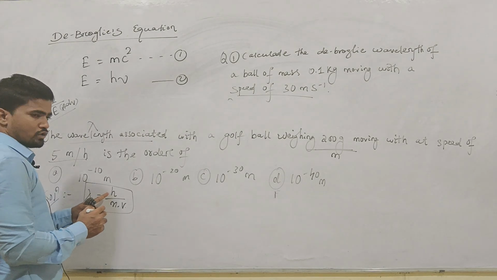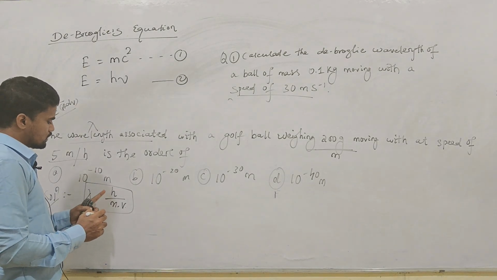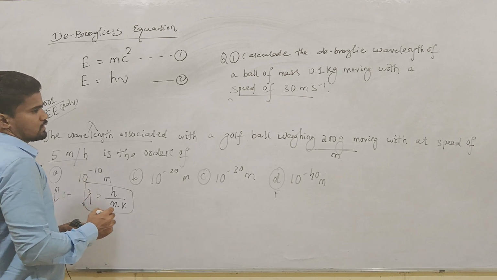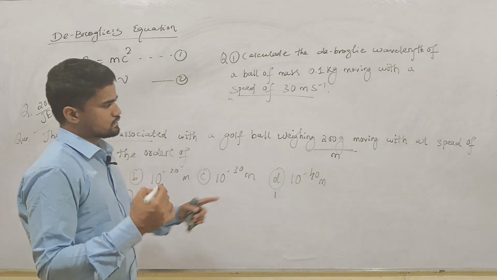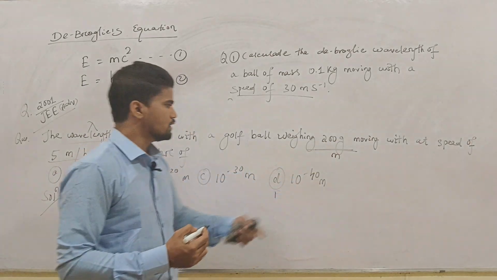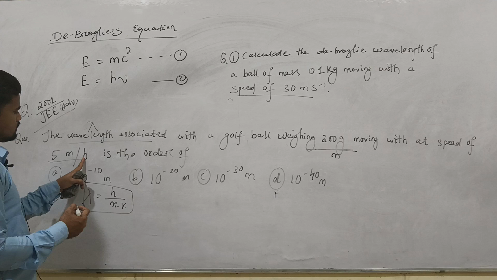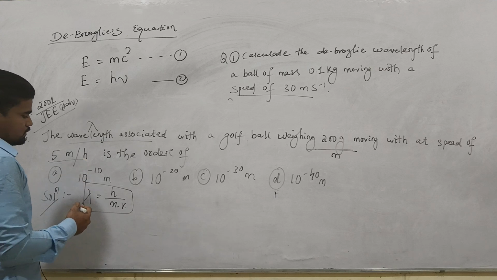So h, we know, is 6.6 into 10 to the minus 34. What is the mass? 200 gram. Since it is given in gram, we have to convert into kg by dividing by 1000, so it comes out to be 0.2 kg. Meter per hour we have to convert into meter per second.